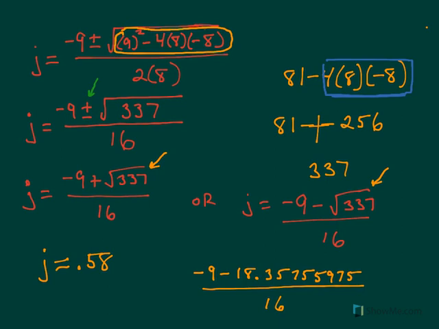And your final answer should be -1.71 if you round it to 2 decimal places. So there's solution number 1. J could be 0.58. And solution number 2, J is going to be approximately, to 2 decimal places, -1.71.